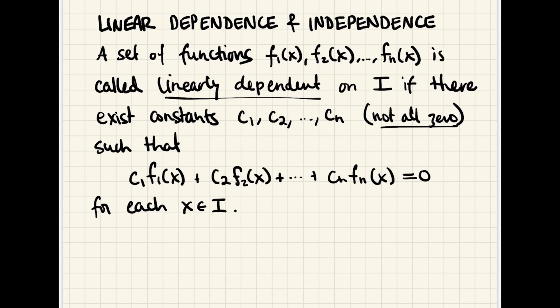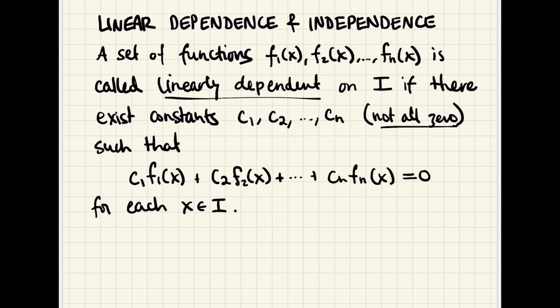All right, so linear dependence means that if you form this particular equation, there exists some set of numbers, c1, c2, cn, and they're not all 0 that make this true. Of course, it's always true that if you set them all equal to 0, this is going to work. But you only have linear dependence if there exists some set of them where at least one of them is not 0.